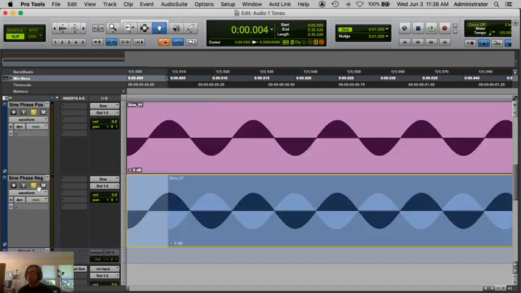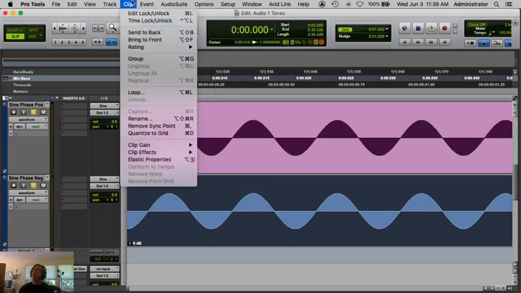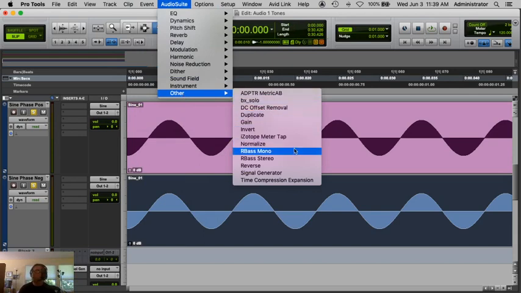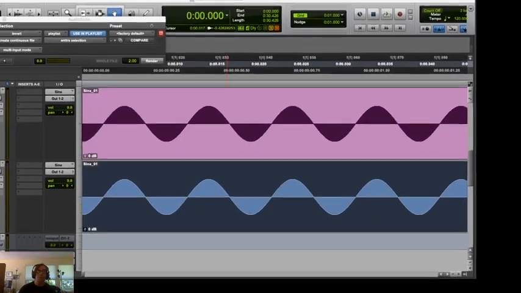Let me do this. I'm going to take this guy and flip the phase of it. The polarity really is the technical term for this. I'm going to flip the polarity of that one, make it exactly opposite of the other. I can do that, of course, in a computer. And I'm going to invert. Oh, I did something bad here.